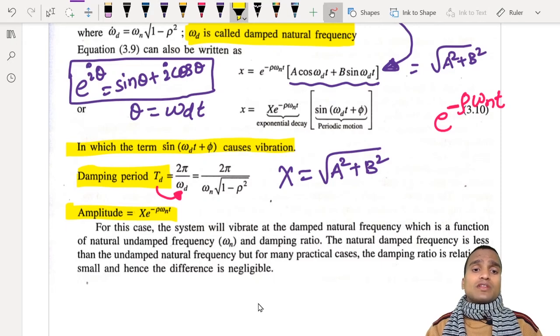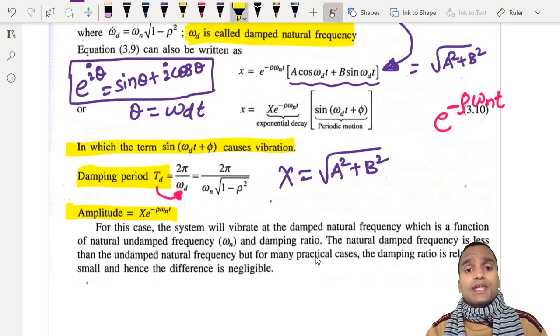So we can conclude that an underdamped system will be vibrating at the damped natural frequency or damped time period, which is a function of the undamped natural frequency omega n and the damping ratio rho. The damped natural frequency omega d is less than the undamped natural frequency omega n.